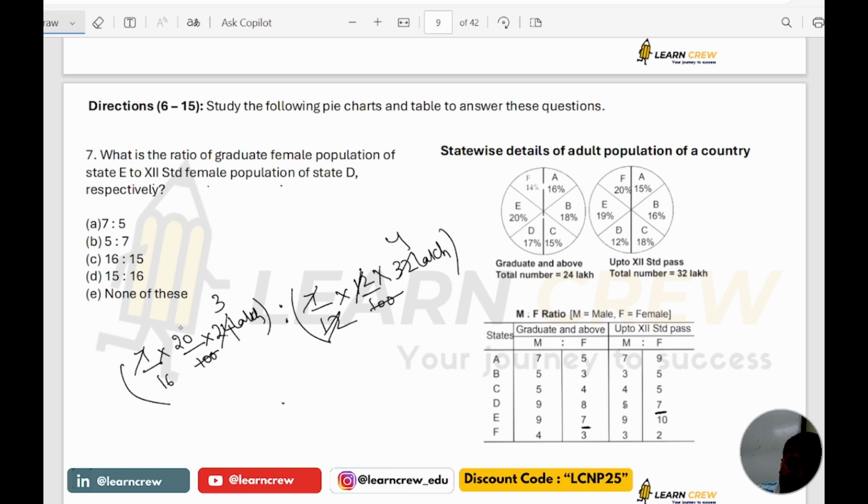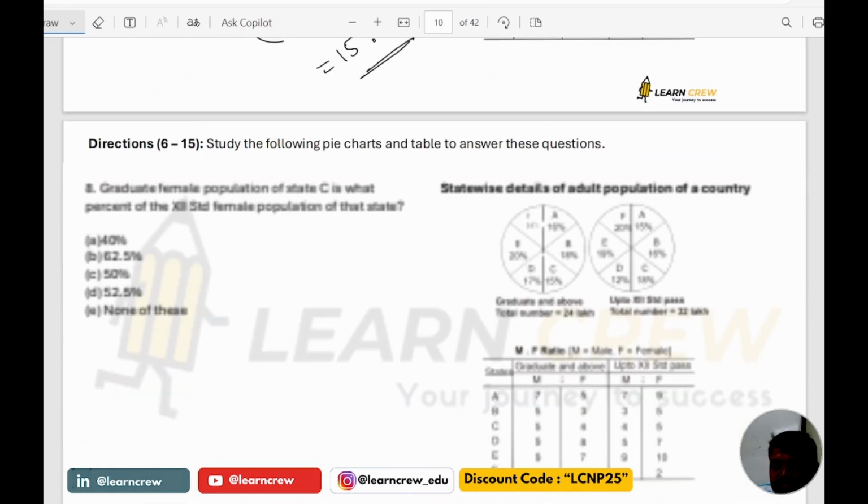Now here what we have, 4 5s are, 4 4s are. So finally here I have 5 into 3, 15 by 4 is to 4. 15 by 4 is to 4 means 15 is to 16. So the answer is 15 is to 16.